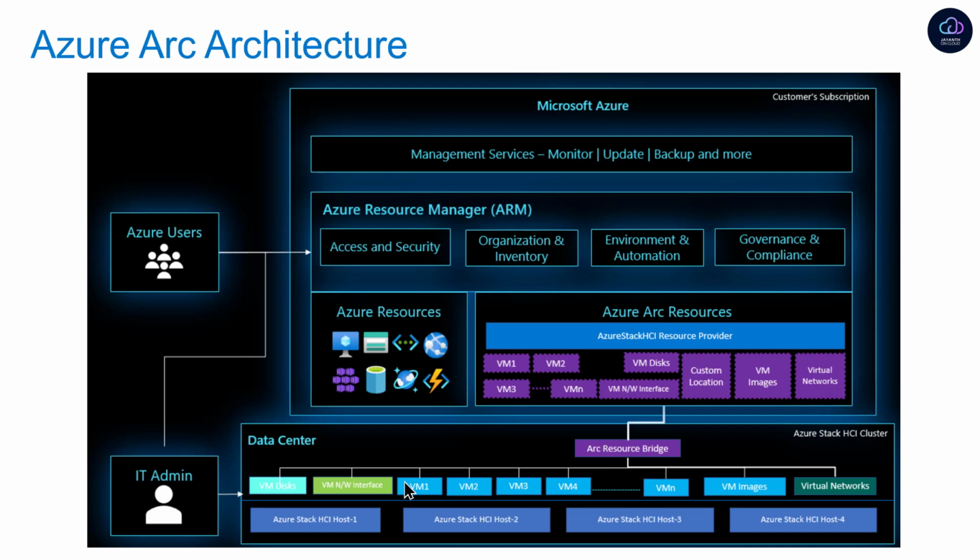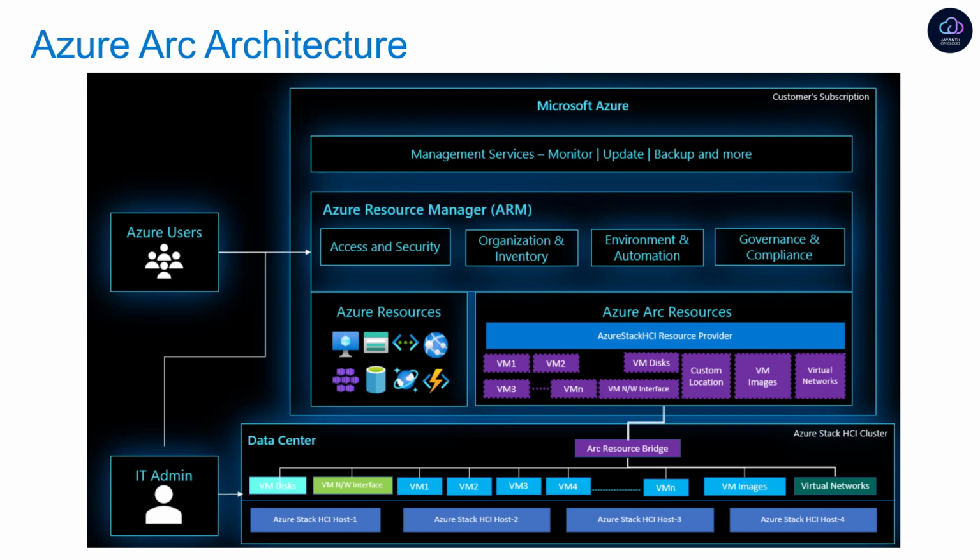And then you have the VM disks, the network interfaces, and different virtual machines like Windows VMs or Linux VMs and so on. You also have your VM images that are stored locally, which you use for provisioning onto Azure Stack HCI clusters.